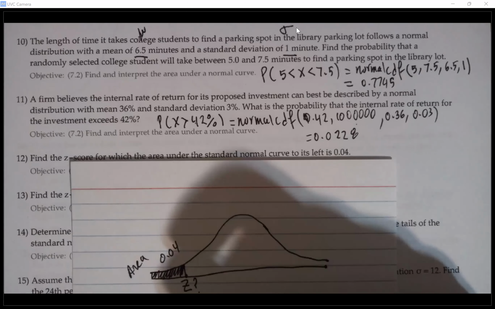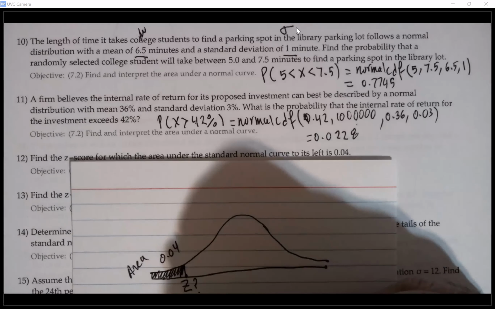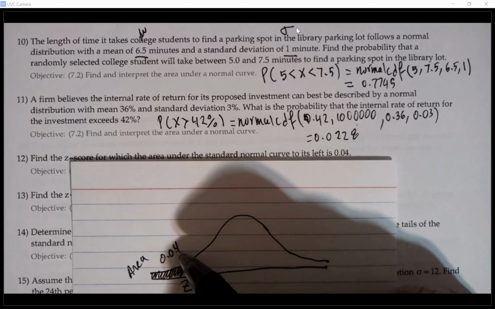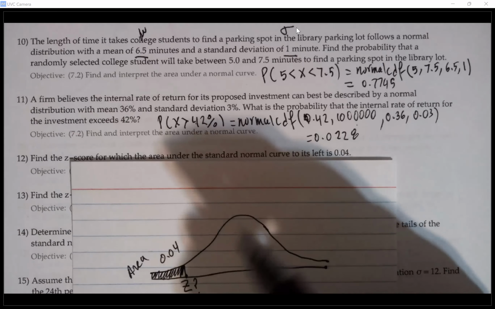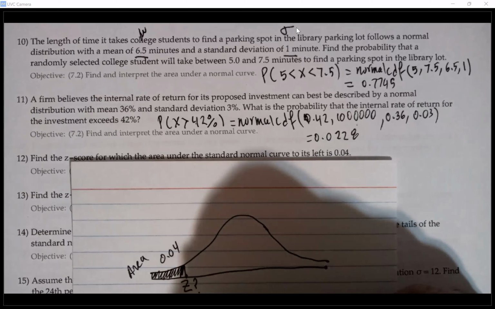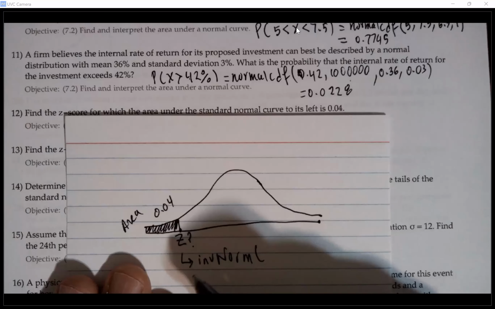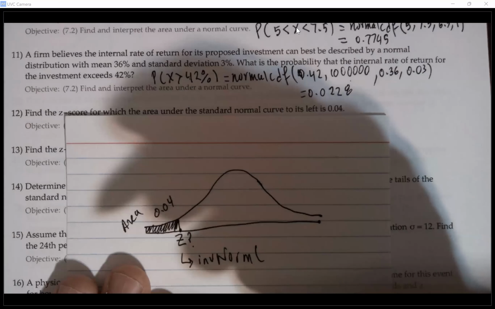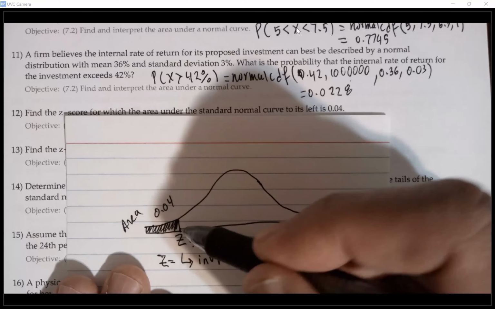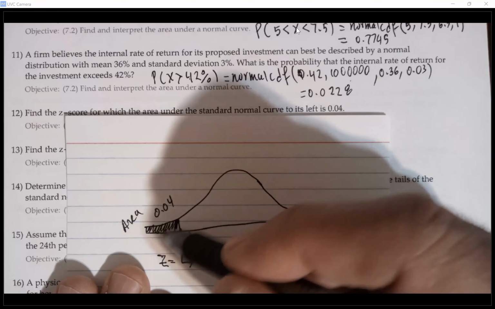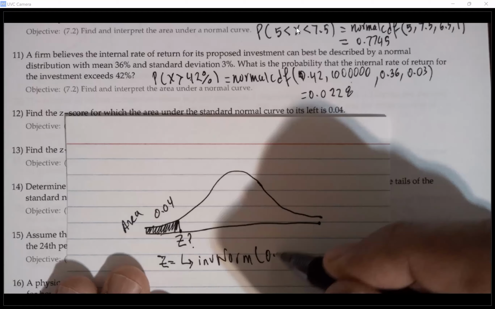In order to find z, you can use the table. You go inside the table and look for the area 0.04, or easier, we can go to the calculator and use the inverse norm feature. Inverse norm requires that you only provide the area to the left of the target, which is 0.04.